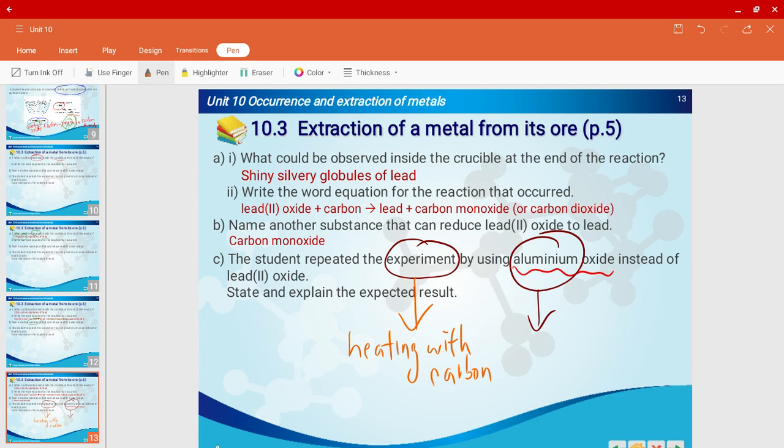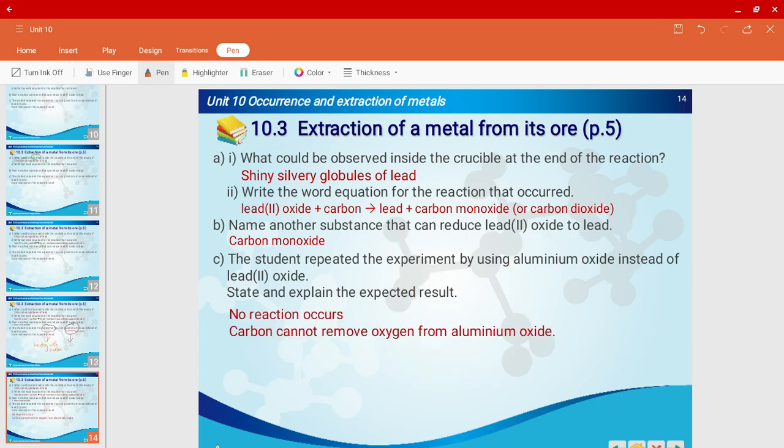Because aluminum oxide can only be extracted by electrolysis due to it being a highly reactive metal. So no reaction would occur. Nothing would happen because the carbon cannot remove oxygen from the aluminum oxide, meaning there's no reaction. The aluminum is highly reactive. You can only do electrolysis.